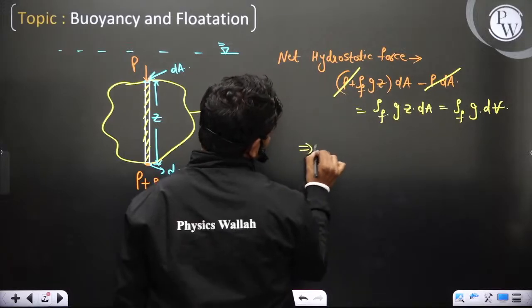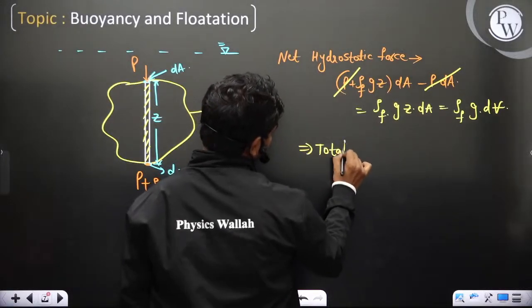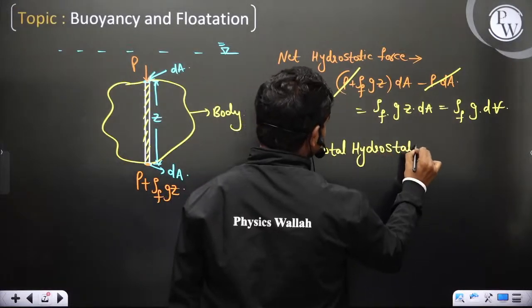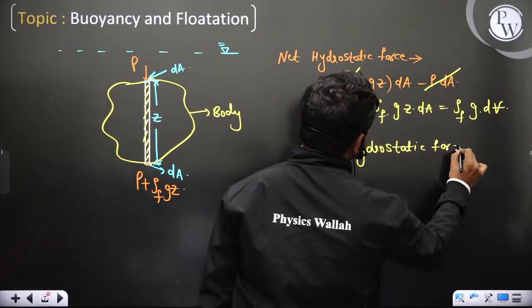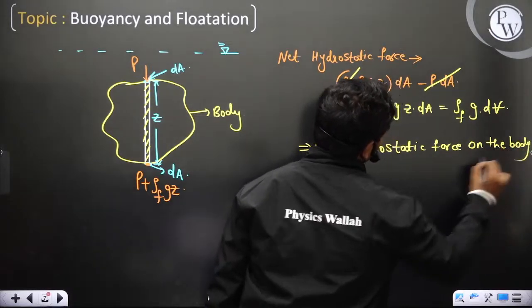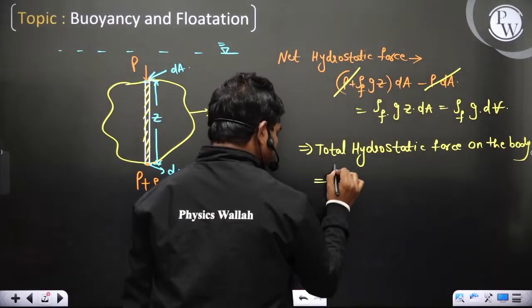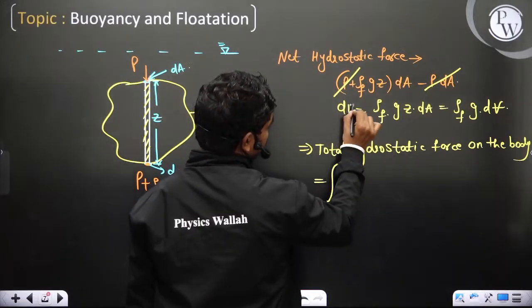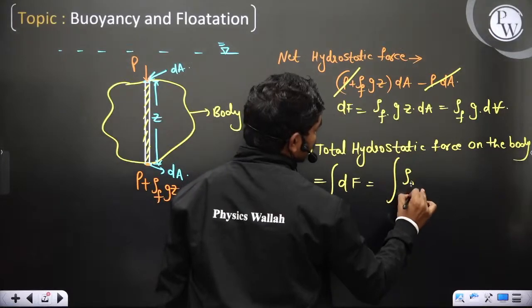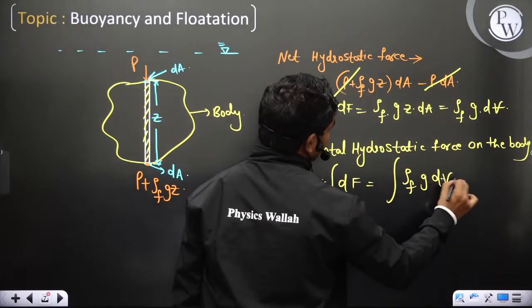Therefore the total hydrostatic force on the body is equal to the integral over dF, which is the integral of rho F g dV.